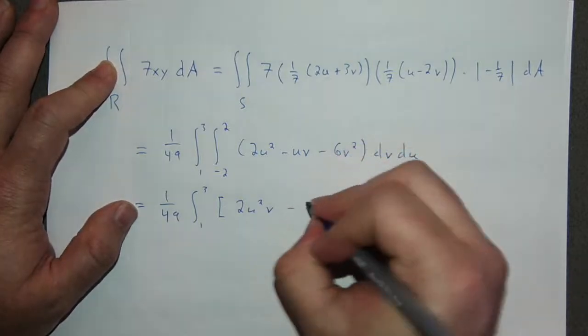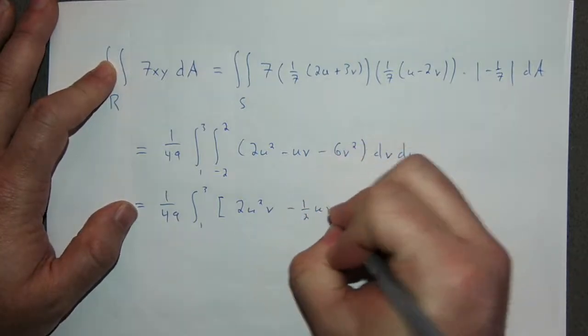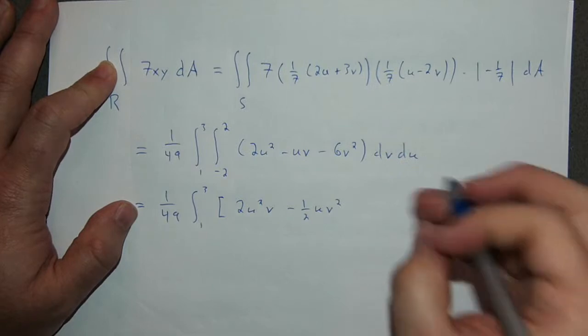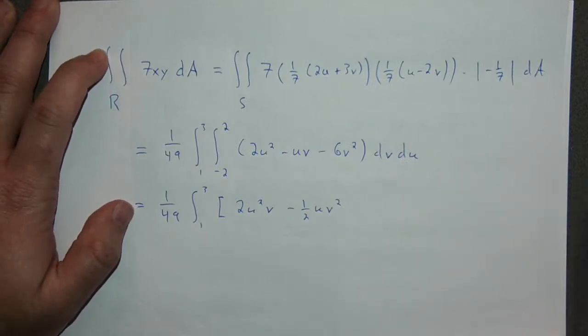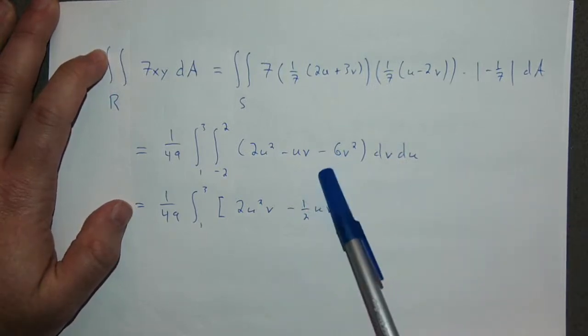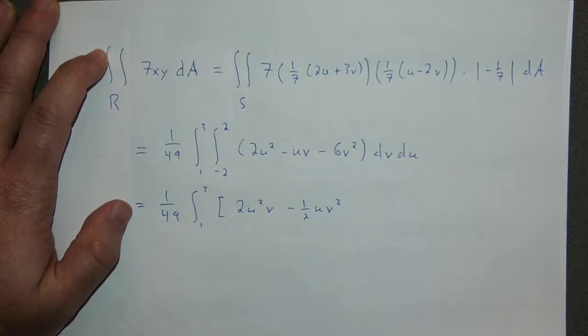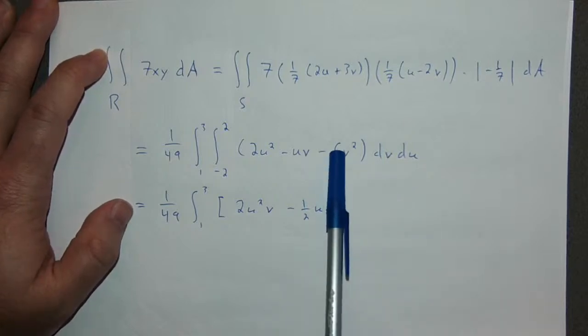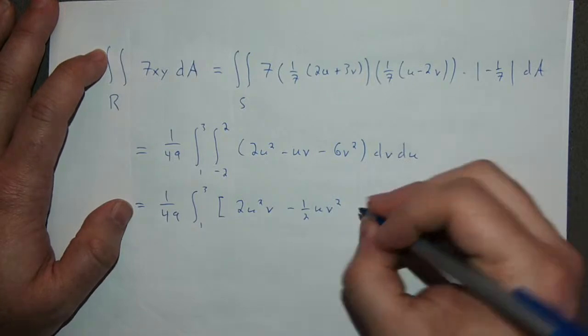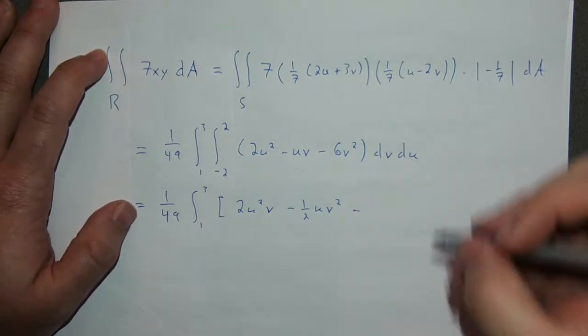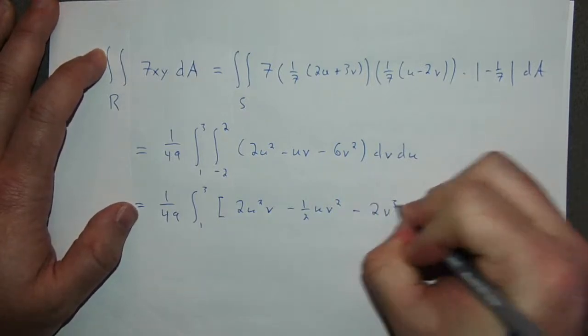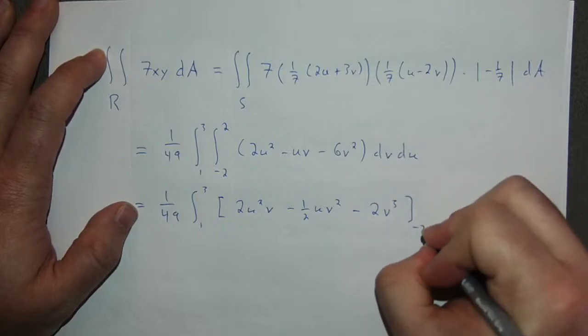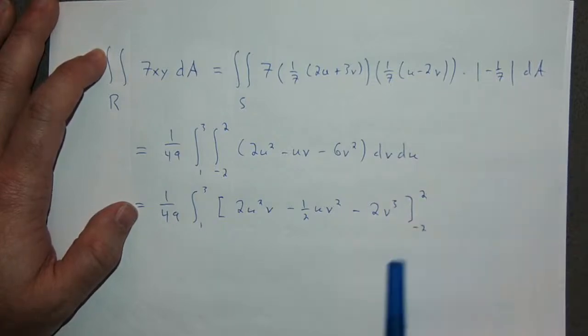That's minus 1/2 uv squared, just using my power rule. And what is the integral of minus 6v squared with respect to v? This would be minus 6v cubed over 3, so this is minus 2v cubed. And this is evaluated from minus 2 to 2, in v.